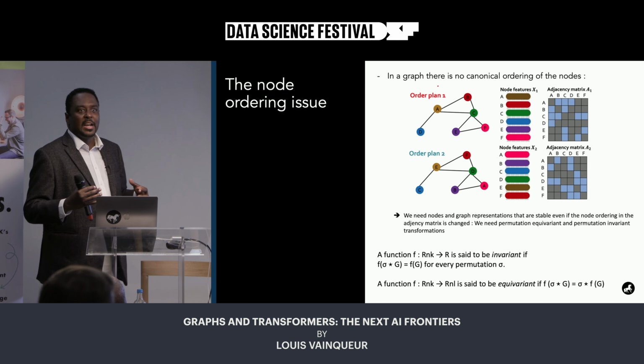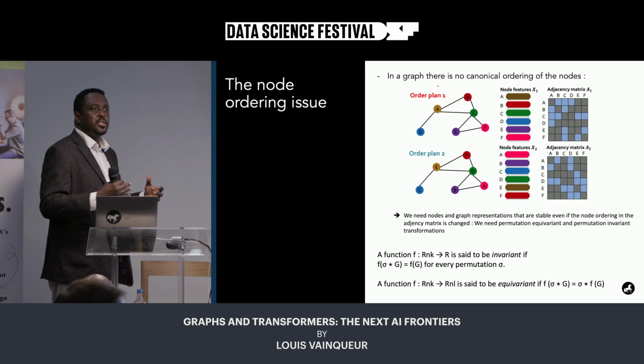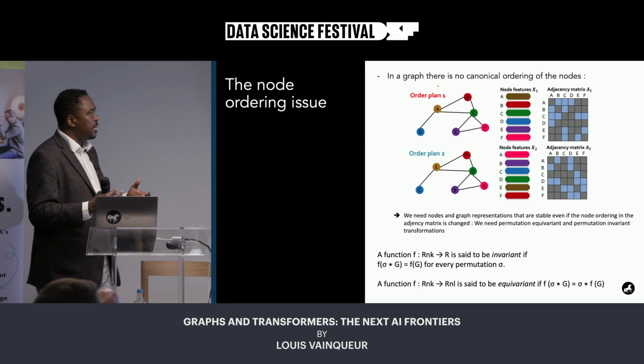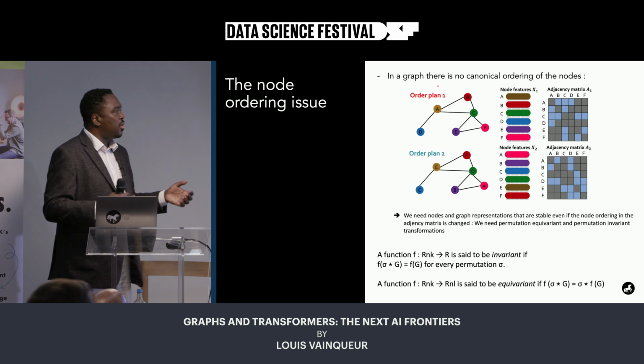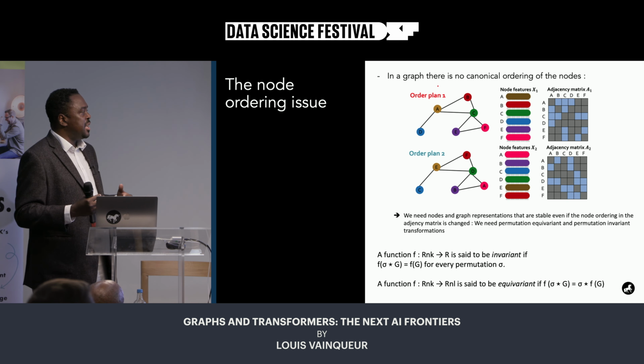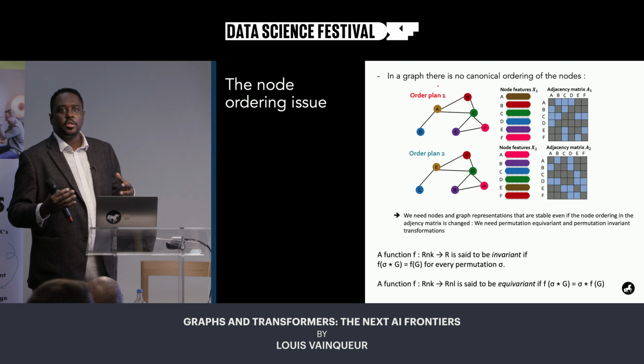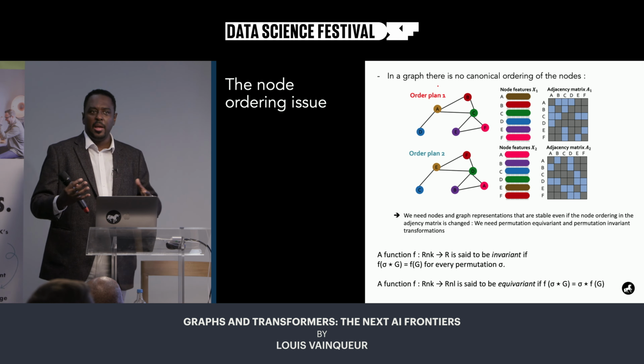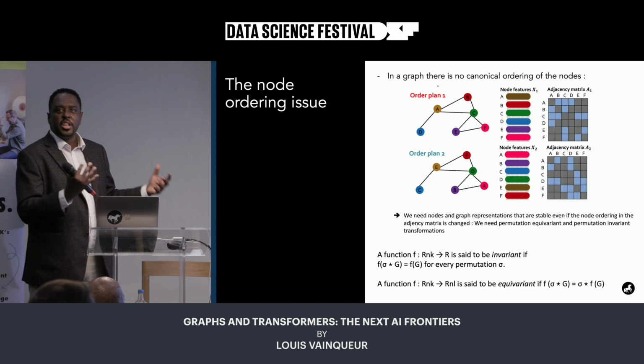And so that's where the discipline of geometric deep learning is arising from, the fact that you have some transformation of the data of your problem that are invariant or equivariant, meaning that you could change order of the set of elements you're dealing with without changing the outcome.